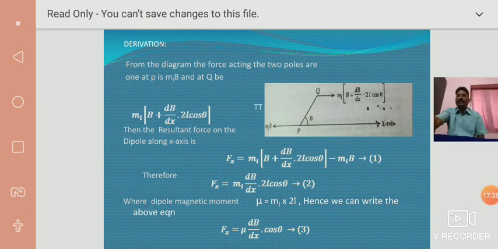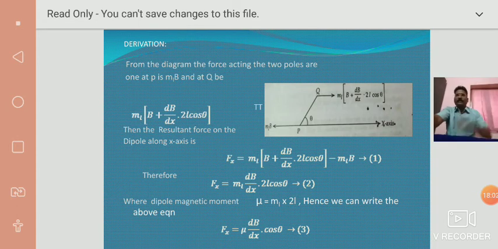The derivation of the space quantization is very clear. In the right hand side diagram, PQ is a length of silver atomic beam, 2L. At one pole P, there is the pole strength small p and magnetic moment ml.